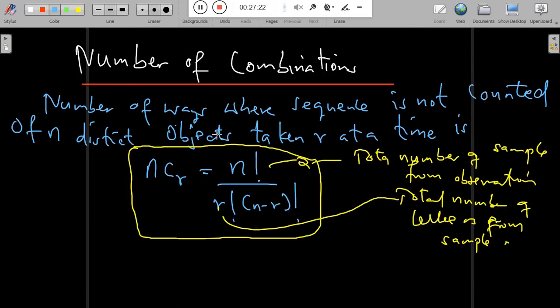The number of combinations of n distinct objects taken r at a time is given by nCr is equal to n permutation divided by r permutation times (n minus r) permutation. This is the formula that we apply in combinations.